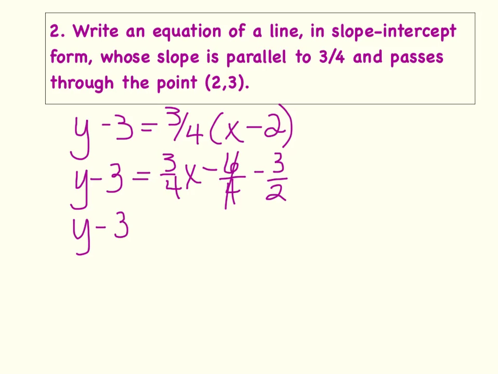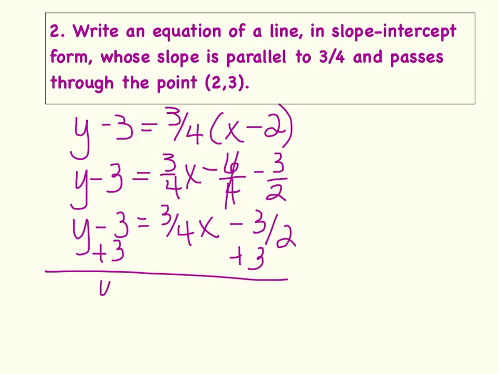Y minus 3 equals 3/4 x minus 3/2. Now I will add 3 to both sides, and that will give me y equals 3/4 x plus 3/2. Now we have our line in slope-intercept form.